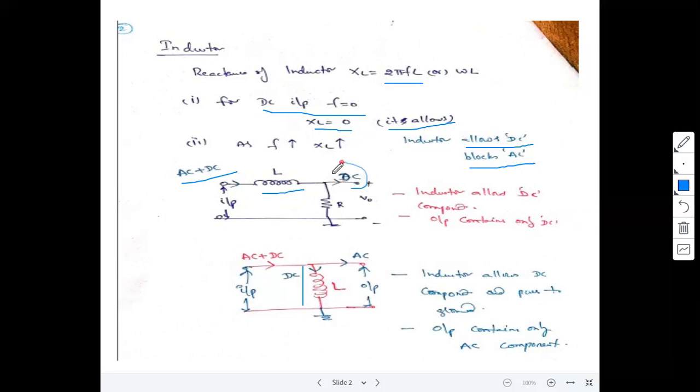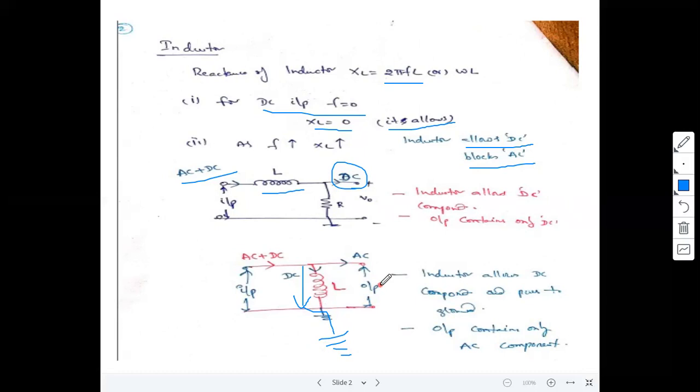The output contains only the DC component. Now coming to the inductor connected in parallel. The input is AC plus DC. The inductor allows the DC component, so all the DC component is transmitted to the ground. All AC components appear at the output.